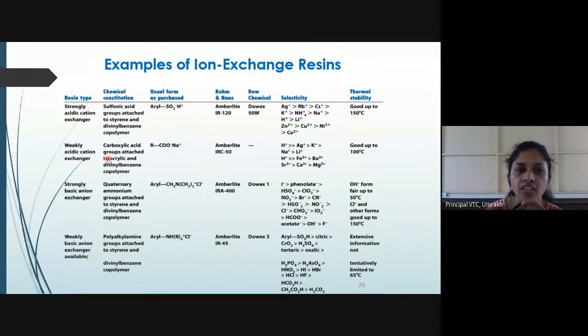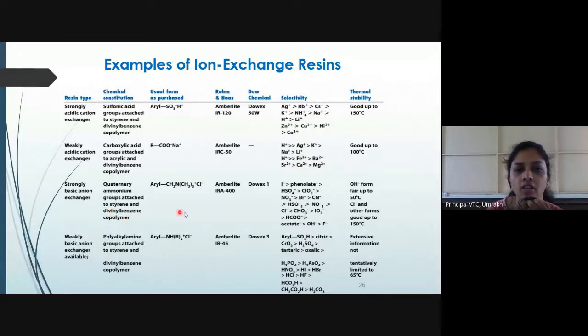A weakly acidic cation exchanger will have a carboxylic acid group, which is bound with an acrylic or divinyl benzene copolymer. It is selective for these cations and can withstand up to 100 degrees centigrade. A strongly basic anion exchanger will have a quaternary ammonium group with CH3 groups.